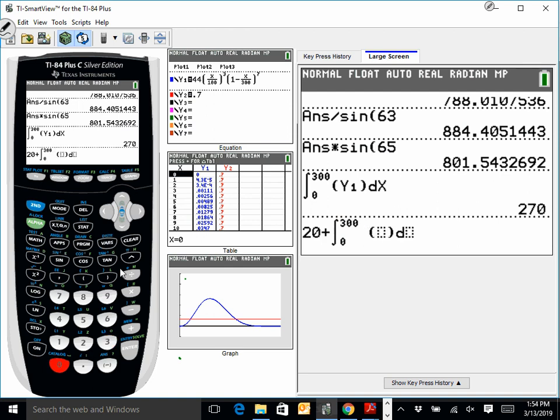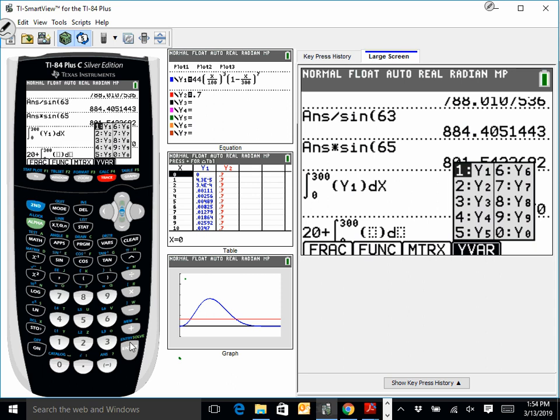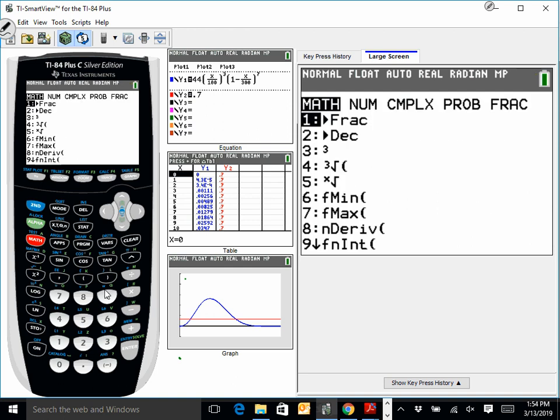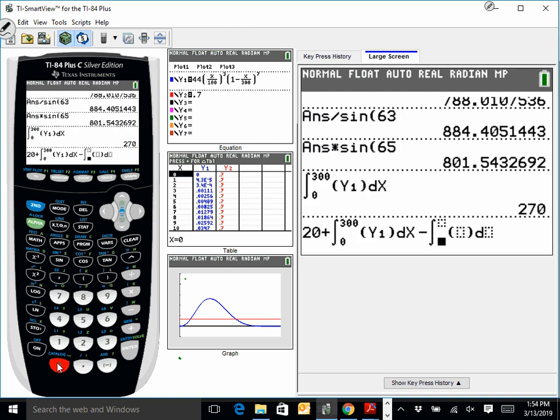Again, it's alpha trace, minus math 9, integral 0 to 300, alpha trace y2.